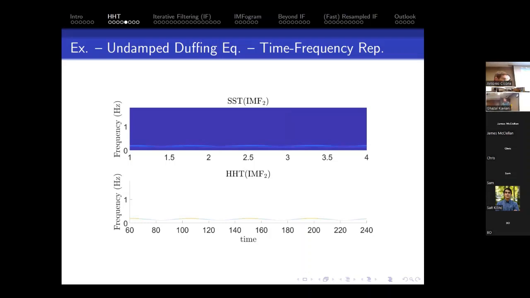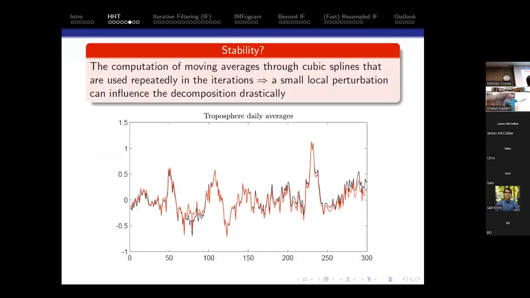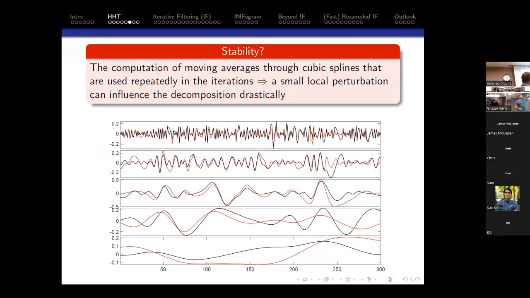Anyway, so no. Why? Because there are a lot of other problems. First of all, stability. What do I mean by stability in this context? Let's take an example. We take two signals that are pretty similar to each other, one in black, one in red. They're really close. Red is constantly above in the first half and then constantly below in the second half. If I run empirical mode decomposition on them, those are the decompositions I get.